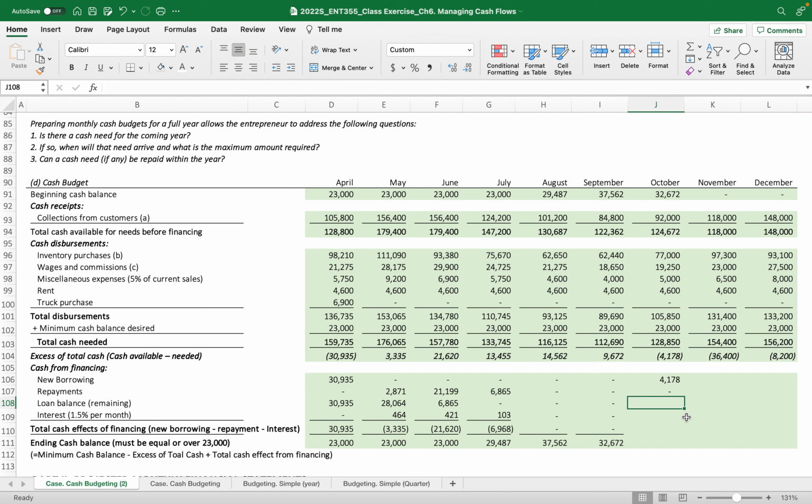Then the loan balance remaining: how much is the loan balance? Again, this minus this, and then we just borrow, right? There's no interest yet. And then let's just drag it to the right.